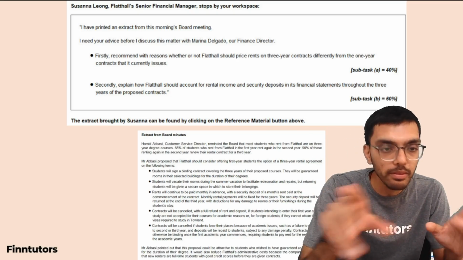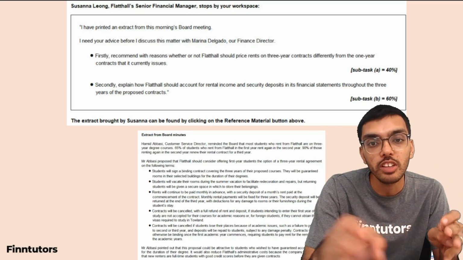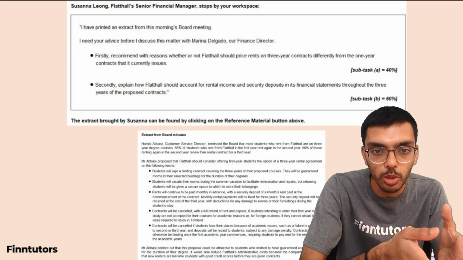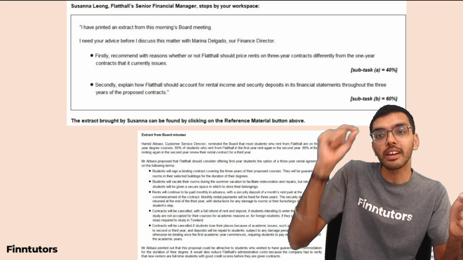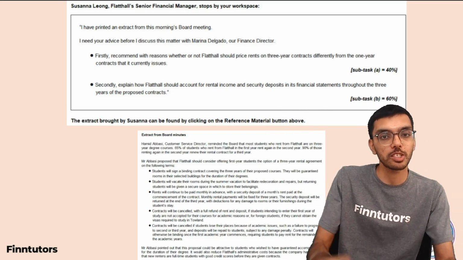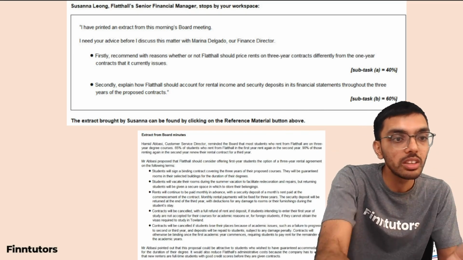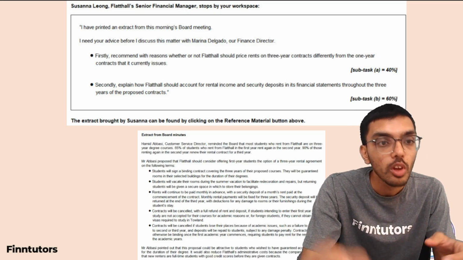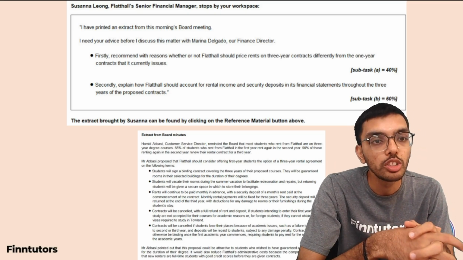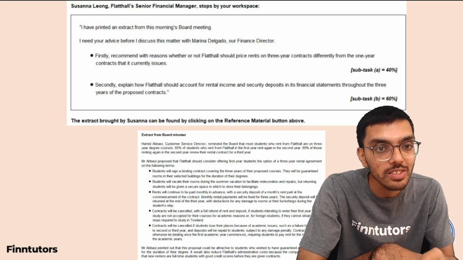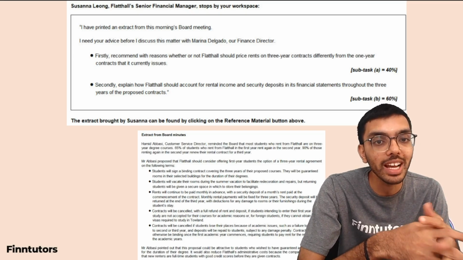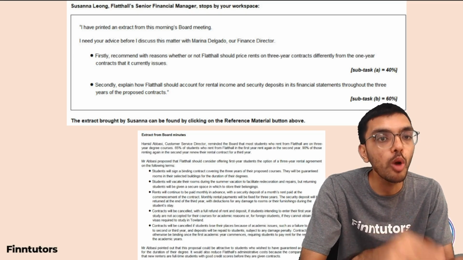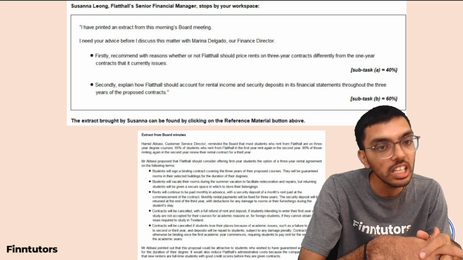Total is 25, just do your percentages according to the task that they have given you. Divided by 2 is the number of points you are expected to write. So in this case, the first task is recommend with reasons whether or not Flat Hall should price rents on 3-year contracts differently from 1-year contracts that it currently issues.